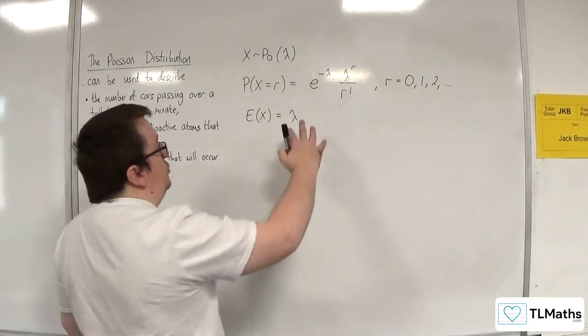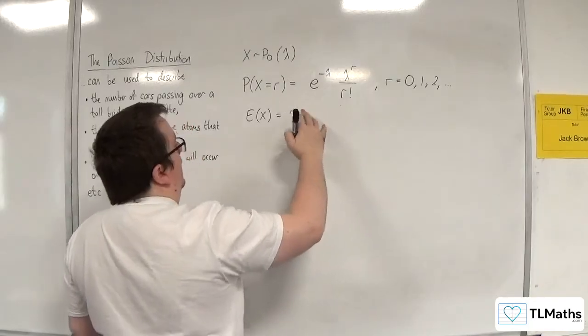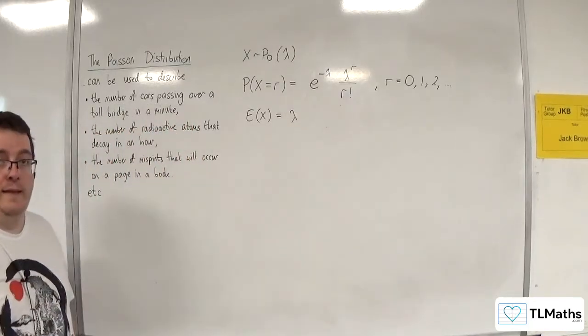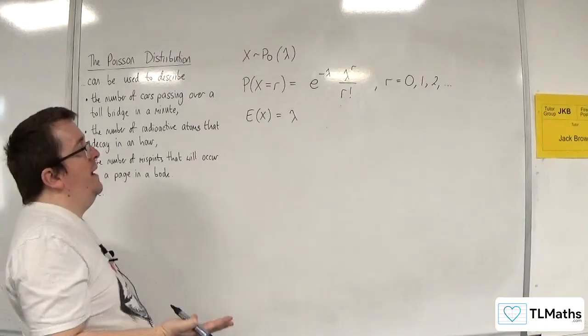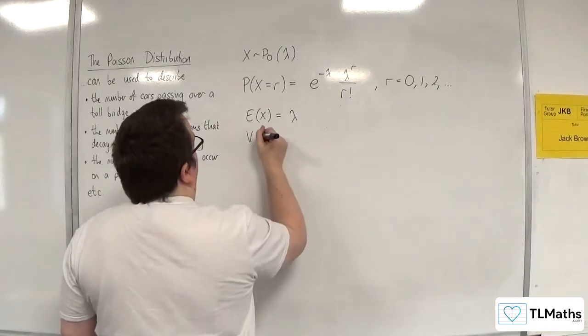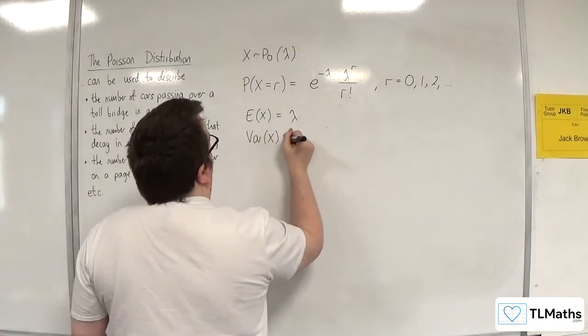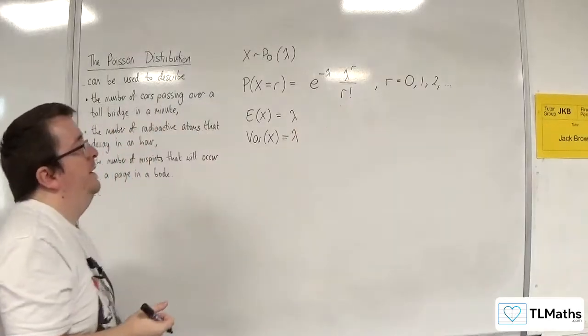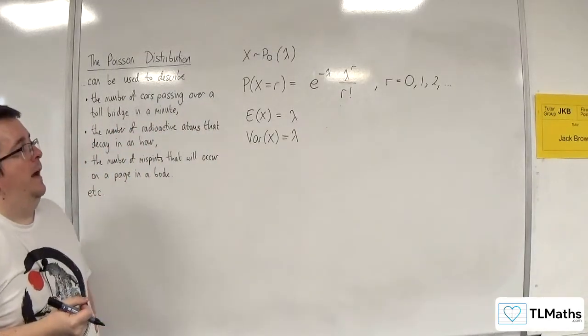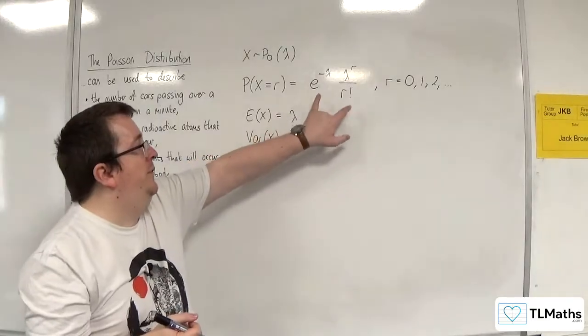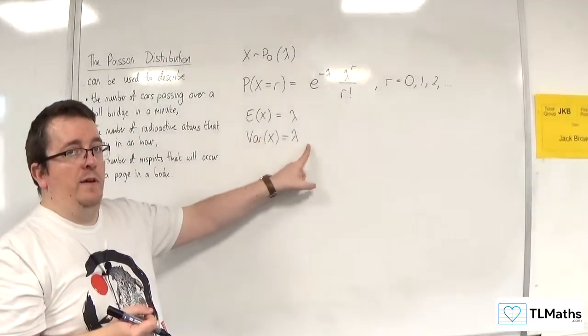But that is an extension video, so you don't expect to be able to prove it in the exam. But E of X is equal to lambda, and Var of X is also lambda. And again, we prove that in a coming video. This is not given to you in the formula booklet. You're expected to know that.